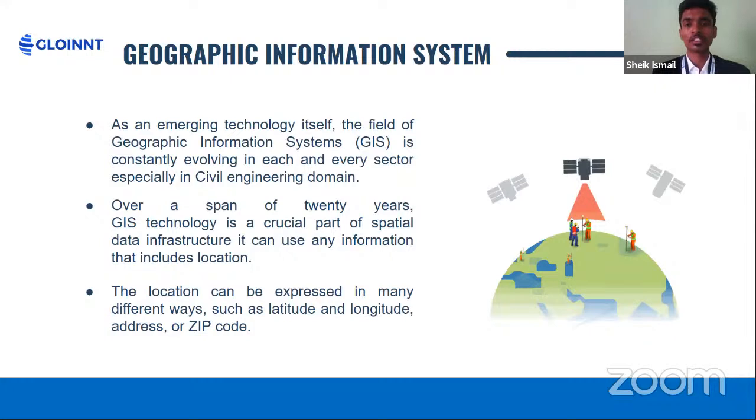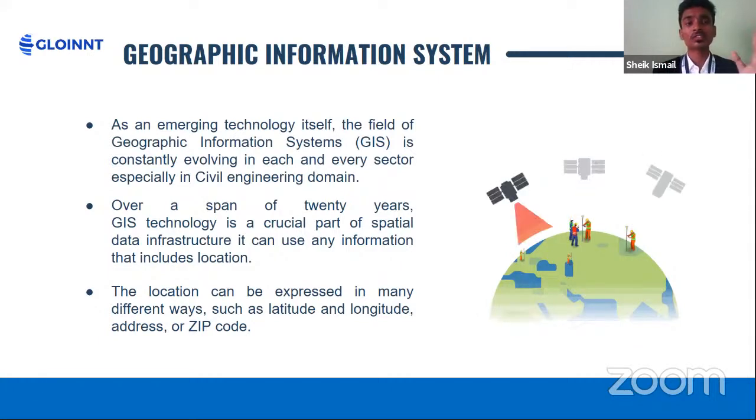So as I told, the basic thing: what is GIS? Getting information about geographical earth features in a systematic manner. That's how GIS expands a lot. Over this span of 20 years, it is evolving everywhere.